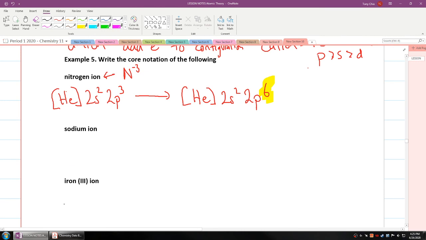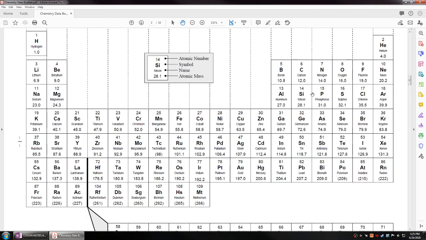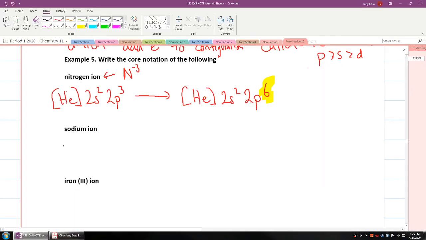Sodium ion, the core of sodium is neon. So in this case, if it was just sodium atom, it will be neon 3s1. But because sodium's ion is Na plus 1, it loses an electron. So it loses this electron. When it does that, you're going to end up getting something that looks like this.